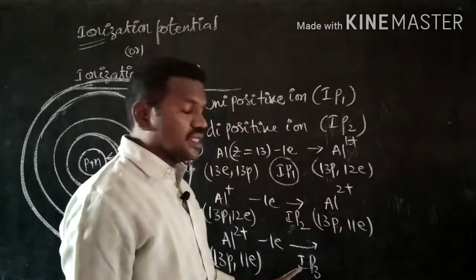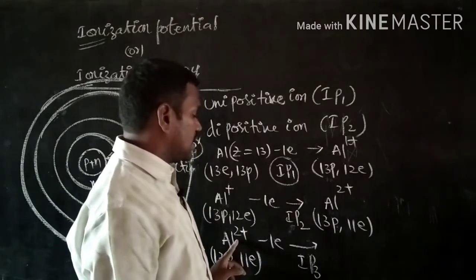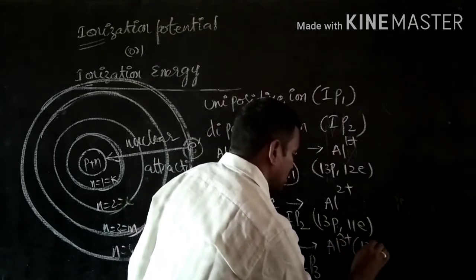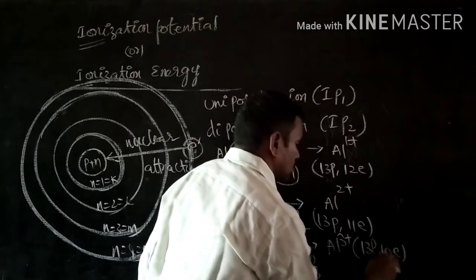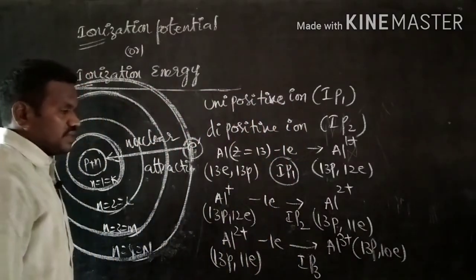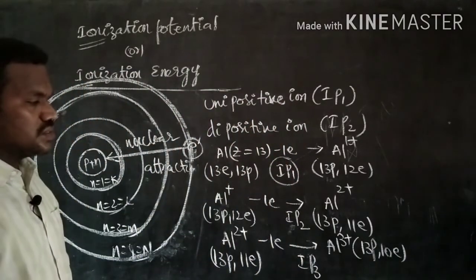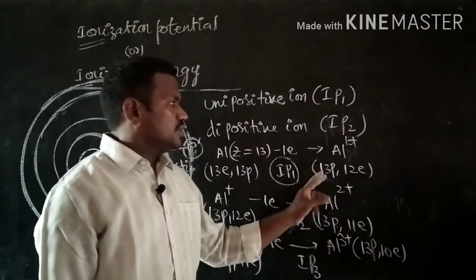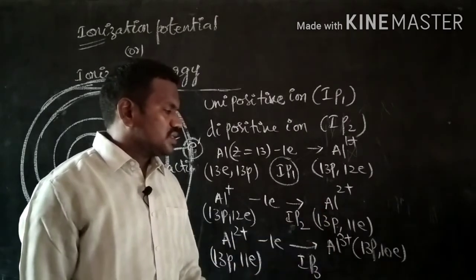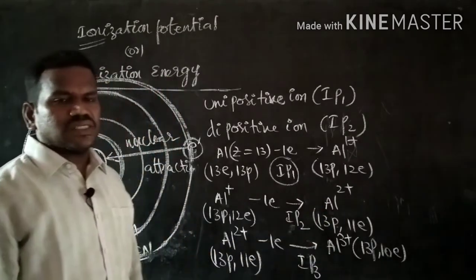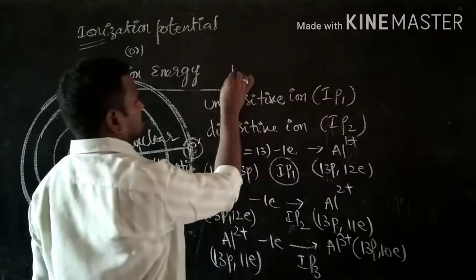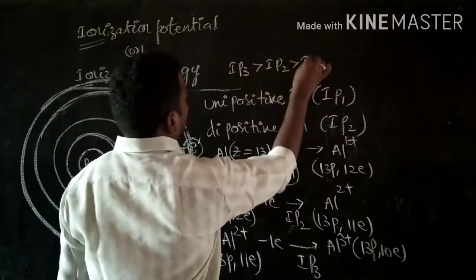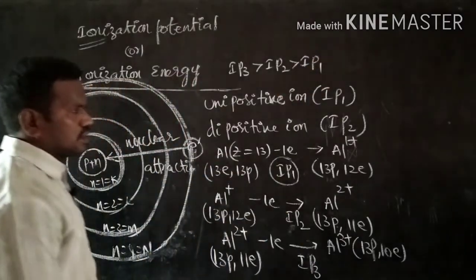Ionization potential 3 is very high compared to IP2 and the others. Now it becomes Al3+ with 13 protons but 10 electrons. Aluminum is ready to lose more electrons, then it becomes a tri-positive ion. Uni-positive ion, di-positive ion and tri-positive ion. Here IP3 is greater than IP2, which is greater than IP1.